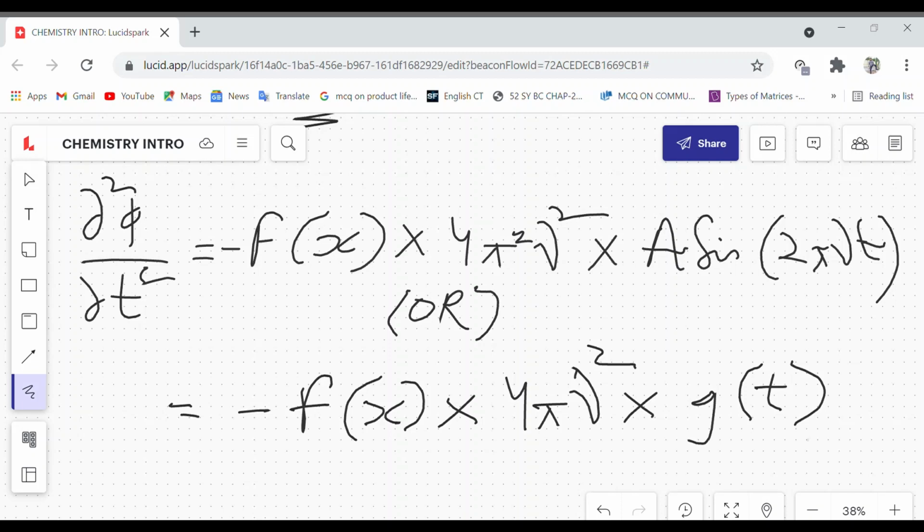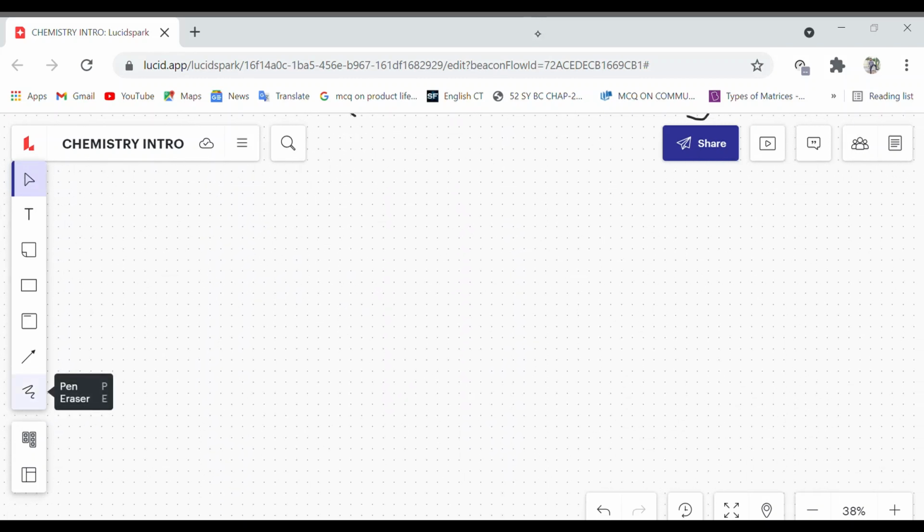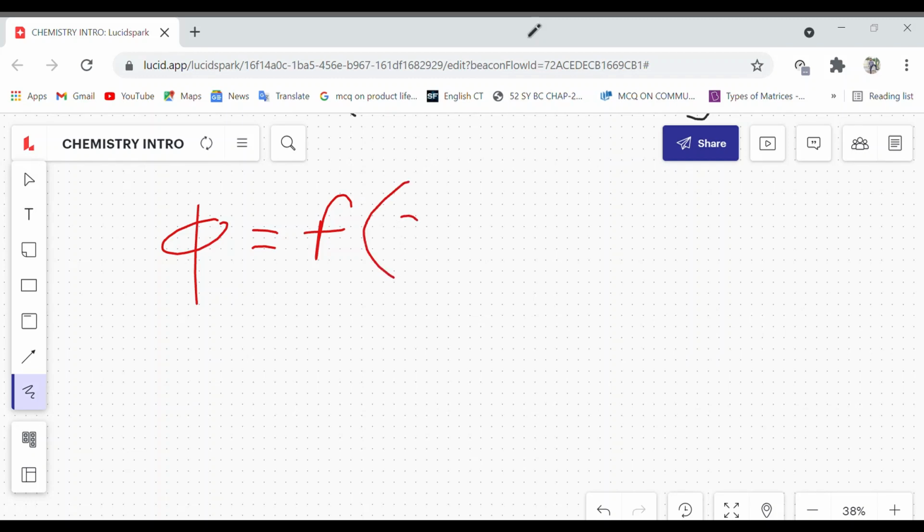So now what to do with all this? Simple. Previously we had seen that phi equal to f of x into g of t.